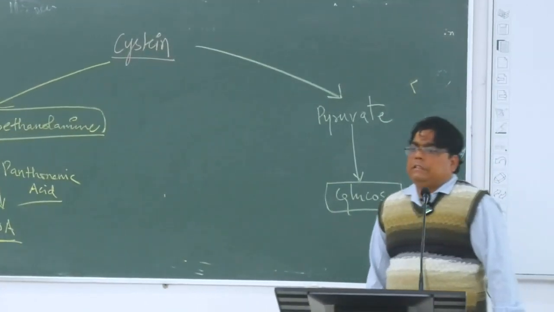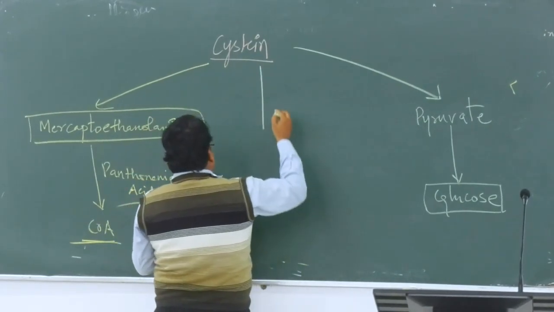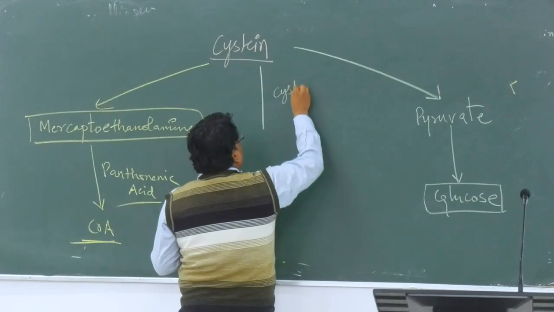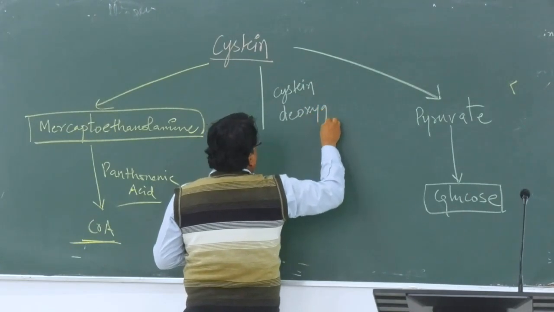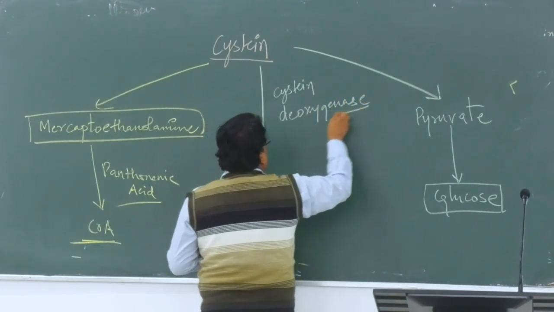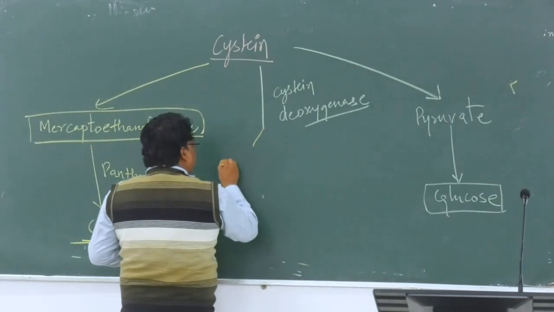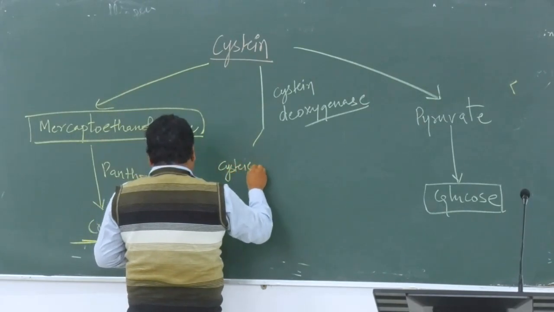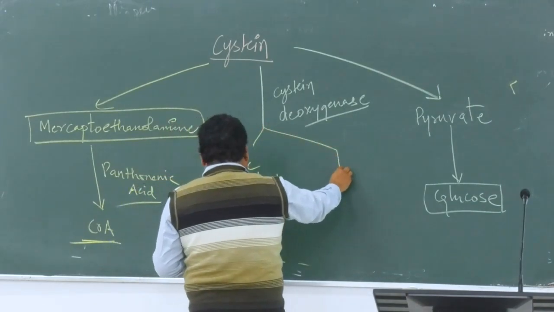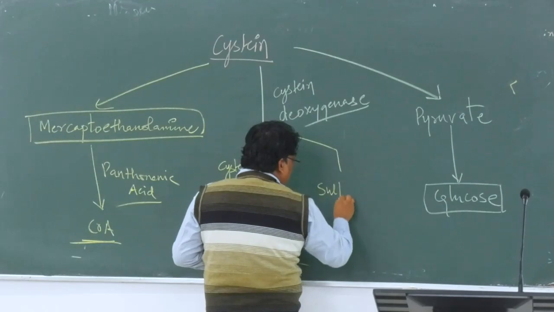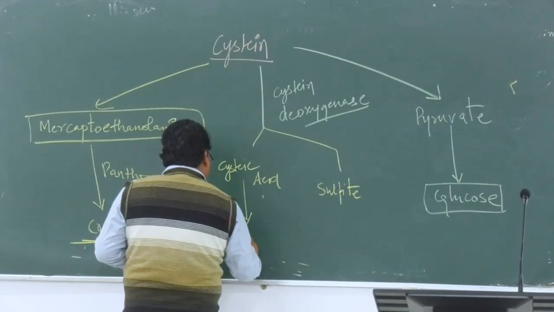Okay, and this is with the help of the enzyme cysteine dioxygenase. Cysteine dioxygenase forms cysteine sulfinic acid, sulfite, and this is converted into taurine.